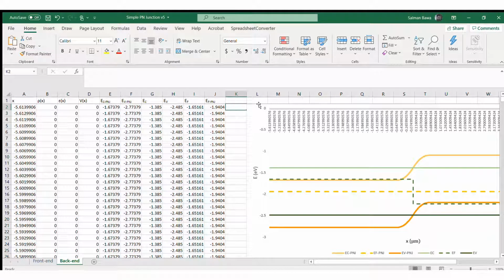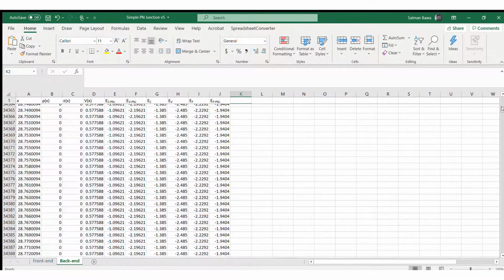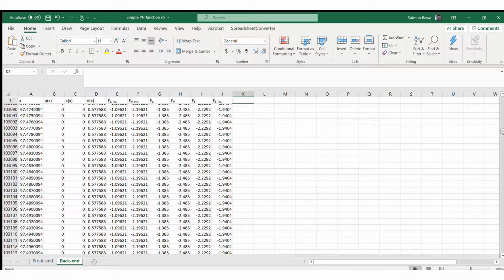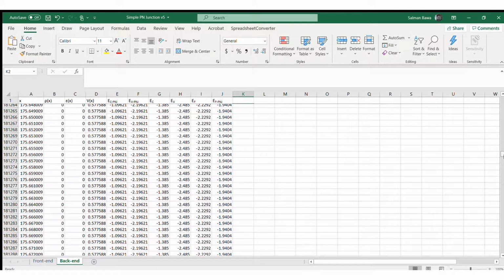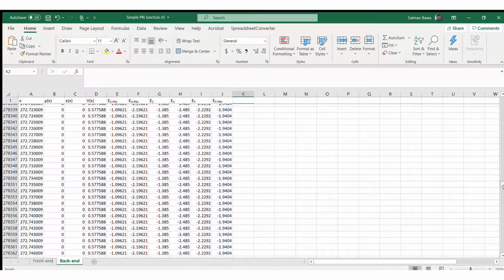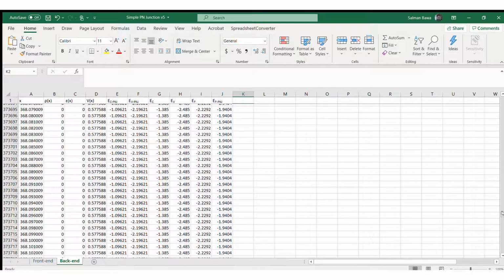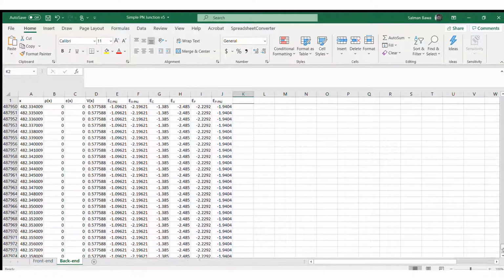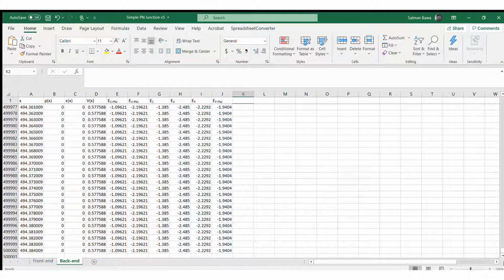So these values pretty much run from the first row of Excel right up to the 500,000th row of Excel.